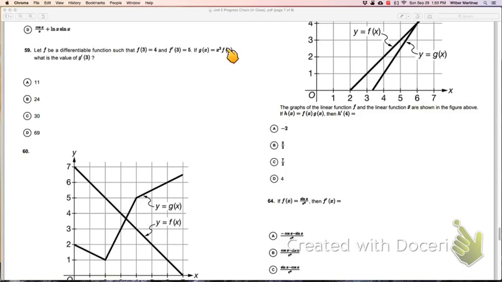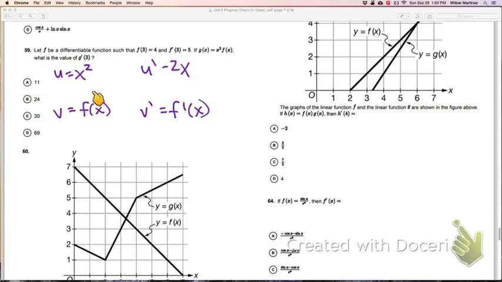So I would say u equals x squared, v equals f of x, u prime is 2x, v prime is f prime of x. If I plug in the value I'm trying to evaluate at, so I'm trying to find g prime of 3. If I plug in 3 here, I get 3 squared, which is 9.